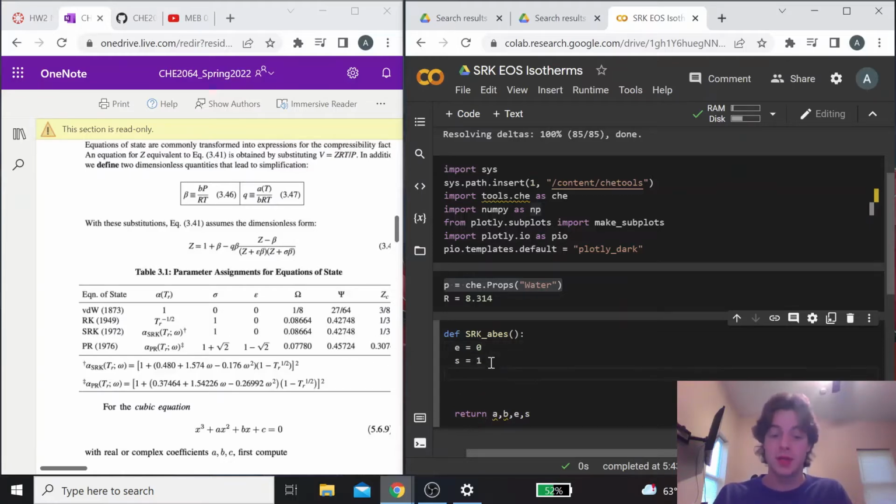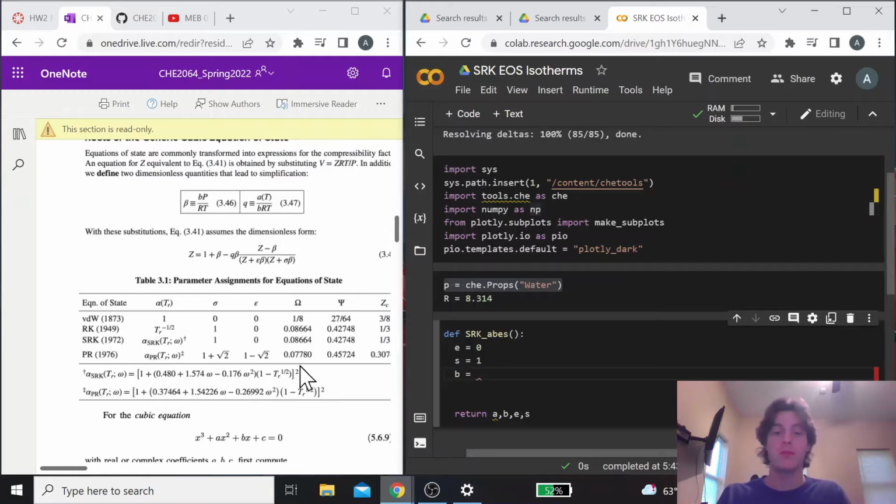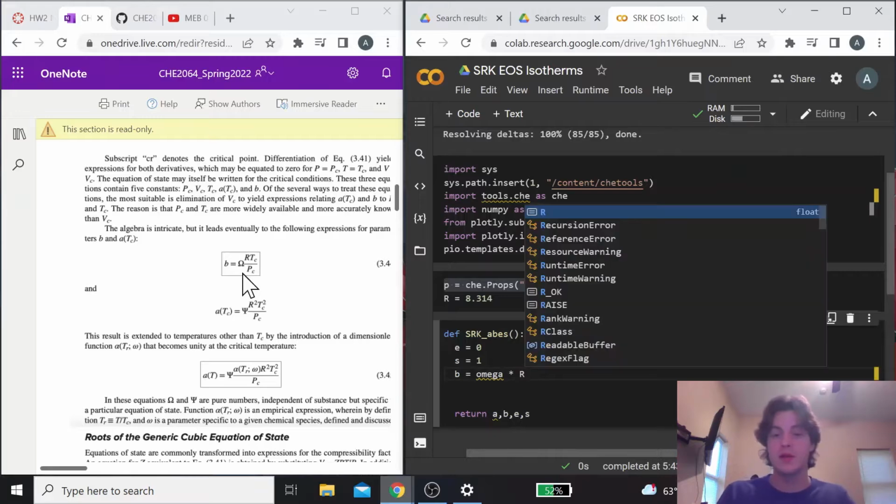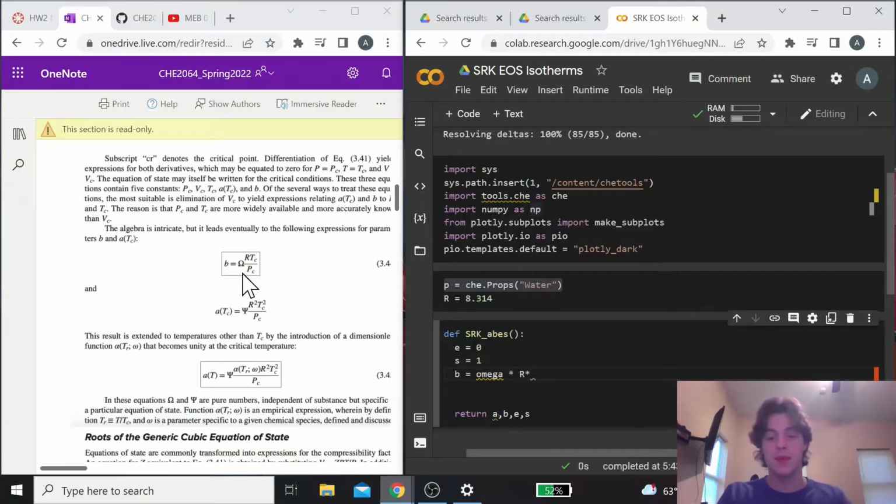So now let's calculate B, the excluded volume for the SRK equation of state. B equals omega times the gas constant R times the critical temperature of water, which we can get using our CHE props, divided by the critical pressure, which again we can get using our CHE properties.